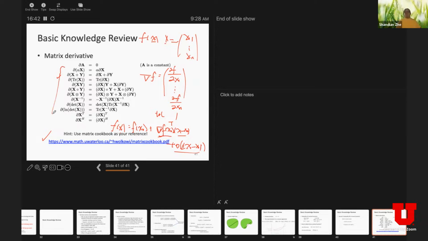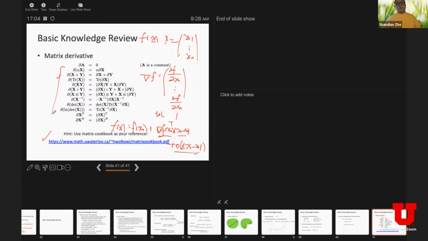So if you use this same viewpoint to look at derivatives, then vector derivatives, matrix derivatives, and number derivatives are the same. The only difference is whether you use trace, dot product, or just numbers to represent them.